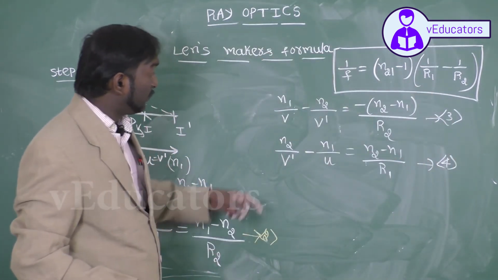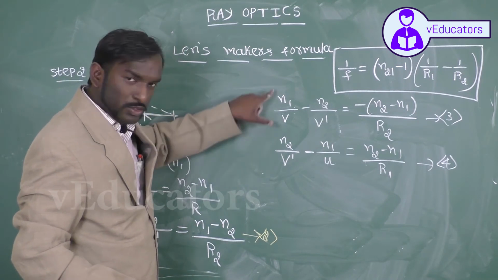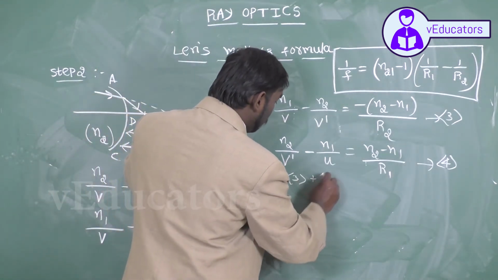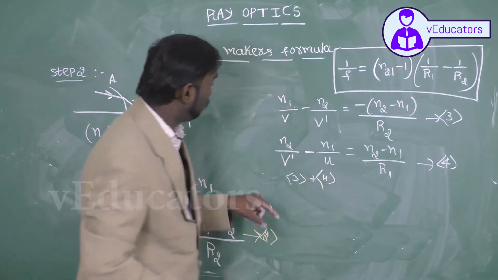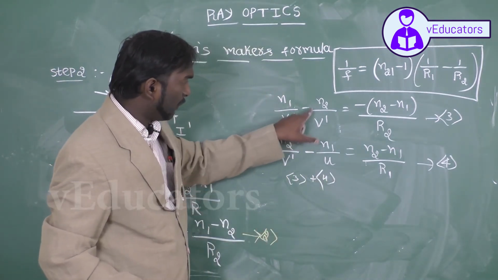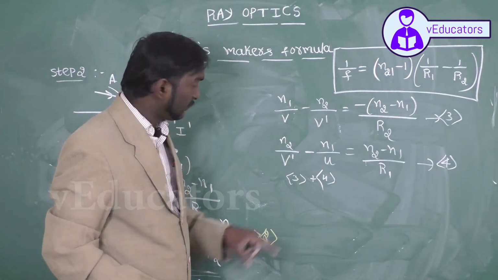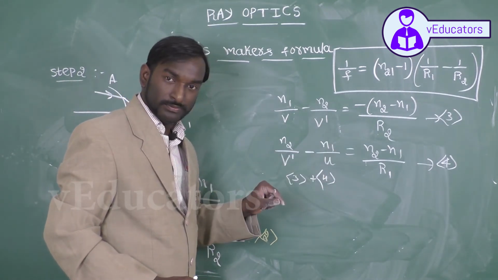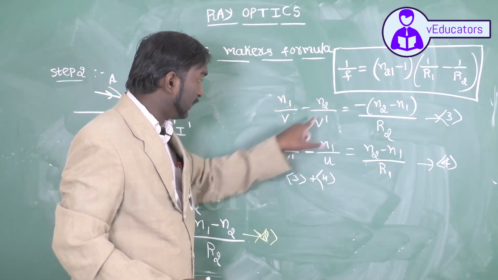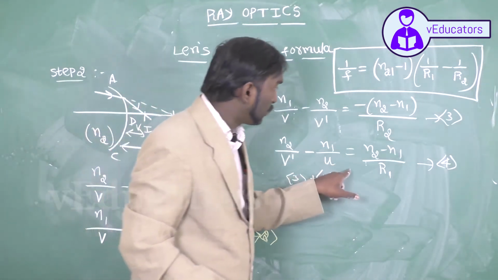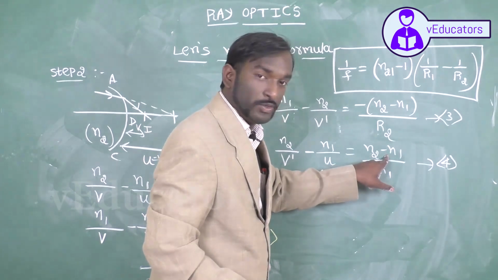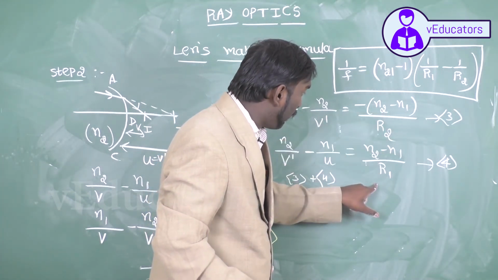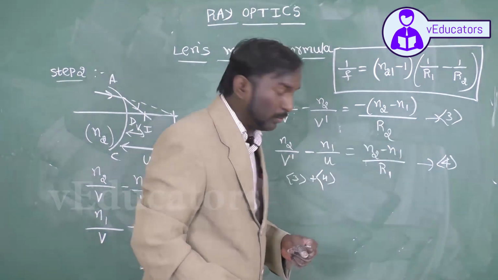Now, if you add these two equations, 3 plus 4, n1 by v minus n2 by v dash plus n2 by v dash minus n1 by u, you can cancel these two, is equal to n2 minus n1, which you can take common, times 1 by R1 minus 1 by R2.